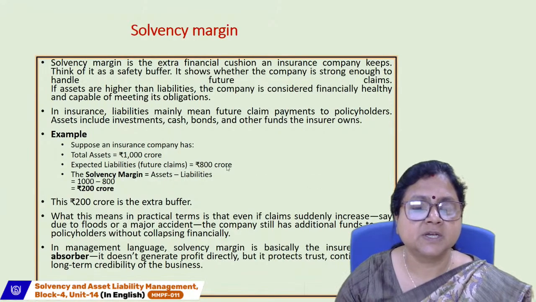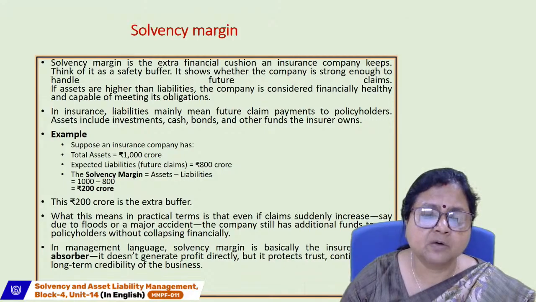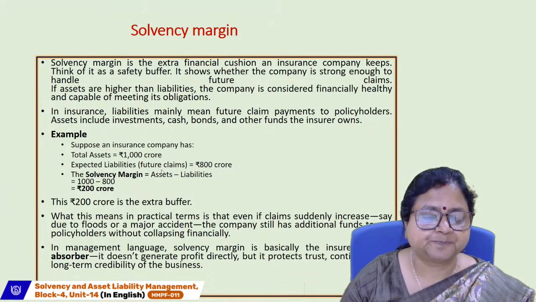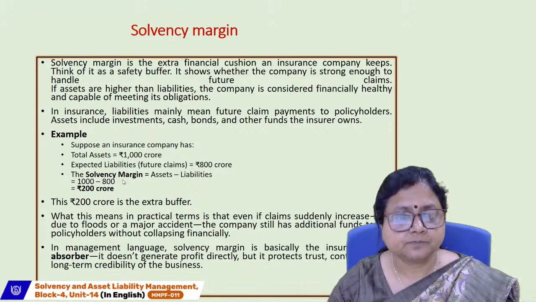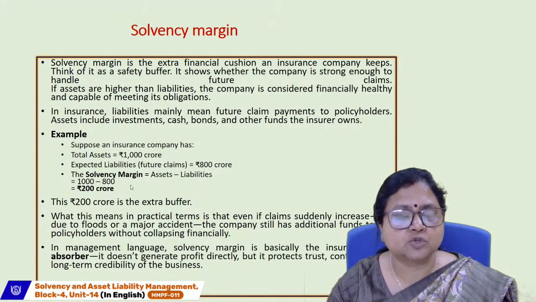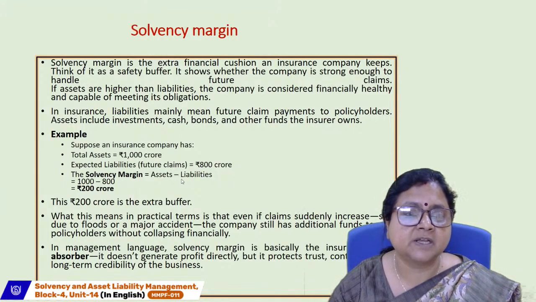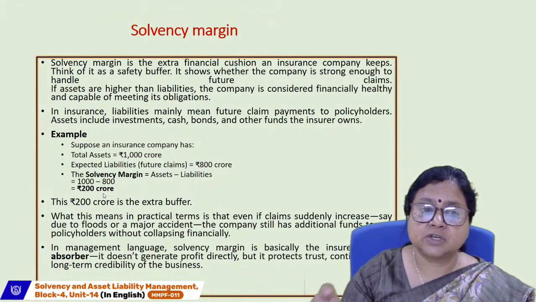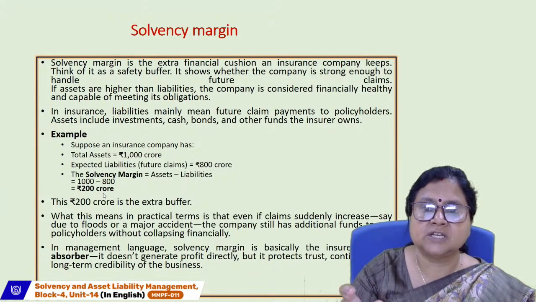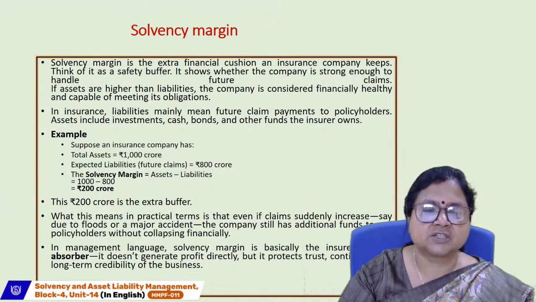Now let us assume that the expected liabilities will be around 800 crore. We said the assets should be above the liabilities, so the solvency margin is assets minus liabilities, which is 200 crore. This 200 crore is a cushion for the insurance company.